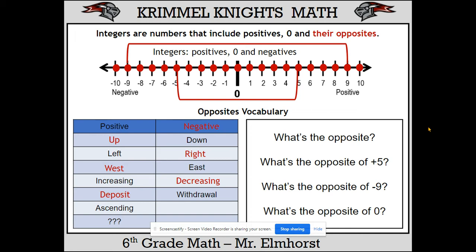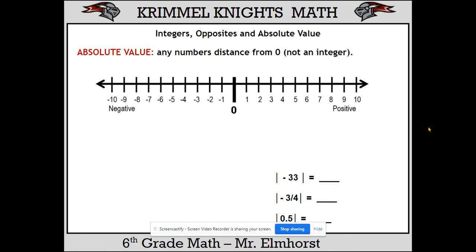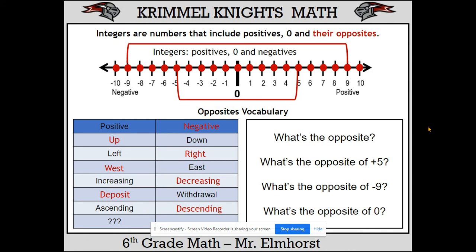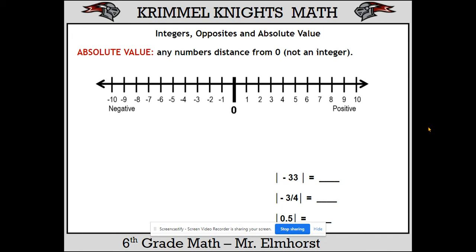Ascending is for airplanes and scuba diving, that's elevation, and that would be descending. You can come up with a few of your own examples in your small group. So that's opposites. Opposites means the equal value, the equal distance from zero on the other side of zero. Now we're going to talk about absolute value.